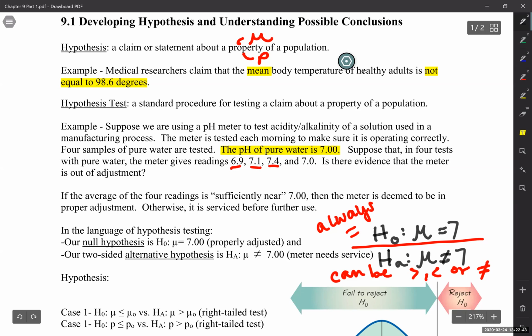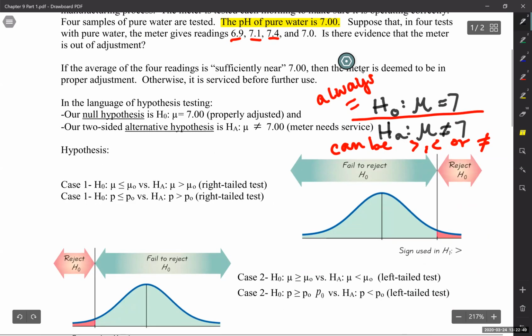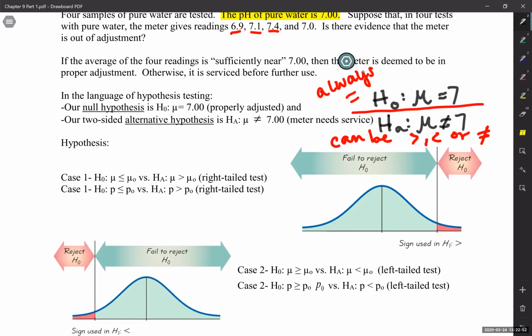So let's look at some pictures. There's 3 scenarios. The 3 scenarios being greater than, less than, or not equal. In this first case here, we have that our alternative hypothesis is greater than. And so there's 2 symbols you can use for the null hypothesis.